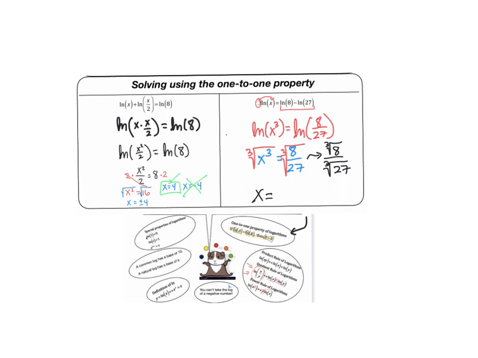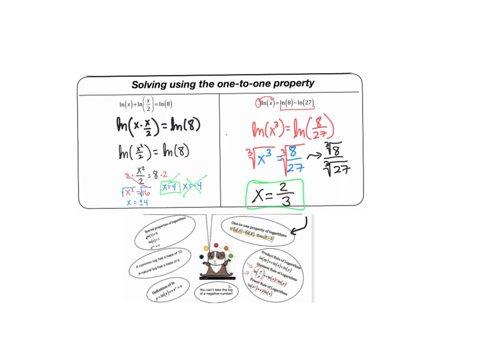So what number multiplied by itself 3 times is going to equal 8? And what number multiplied by itself 3 times is going to give me 27? For those of us that know our powers very well, 2 times itself 3 times gives me 8, and 3 times itself 3 times gives me 27. Therefore, we know that this is going to be our answer.